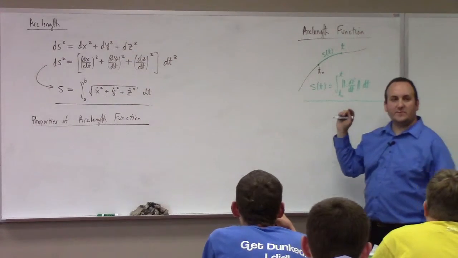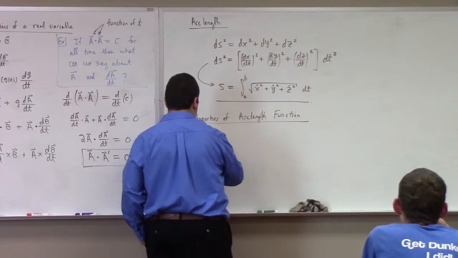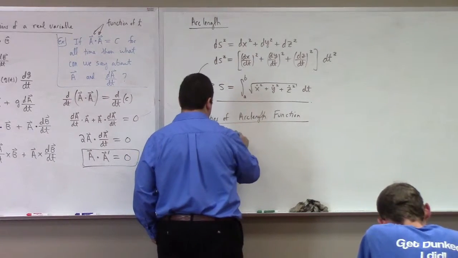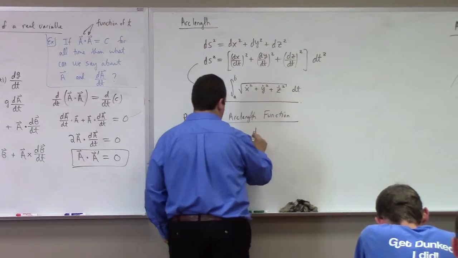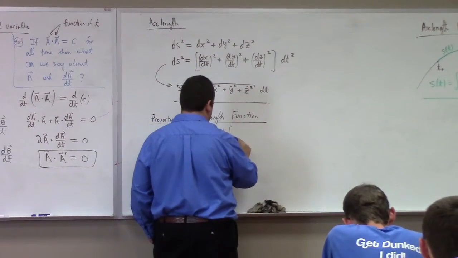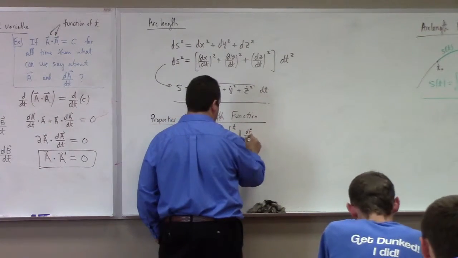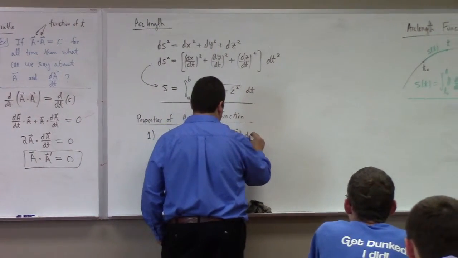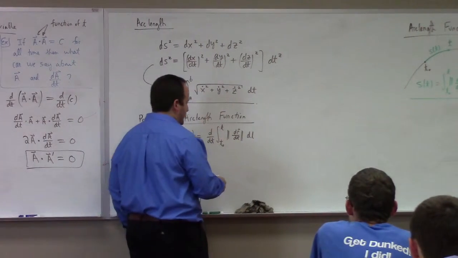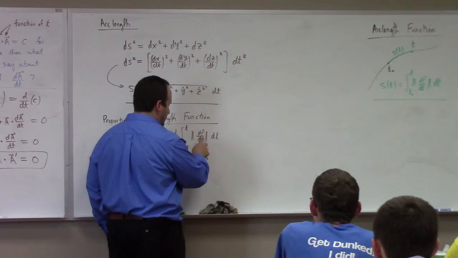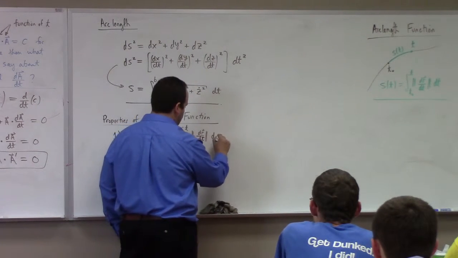What happens if you differentiate the arc length function? d/dt of s of t, what is that? d/dt of the integral from t naught to t of the magnitude of dr/dt. I can't use, curses, the old using t in two ways problem. Let's use a tau as to not be math heretics.